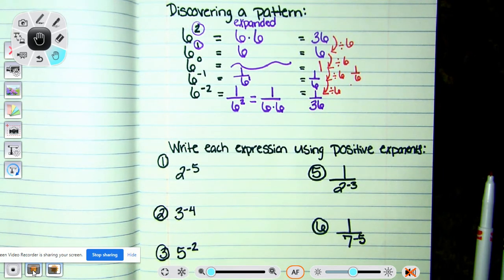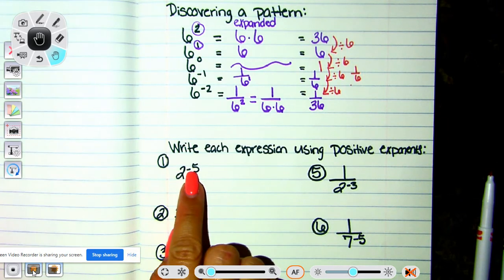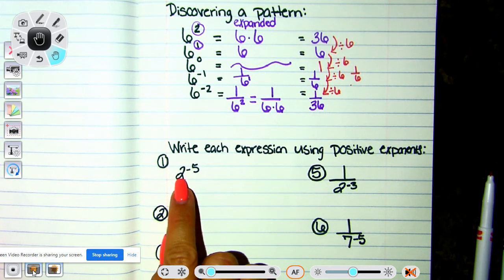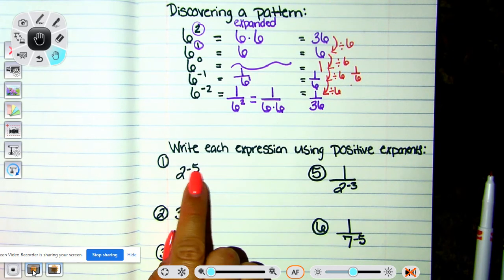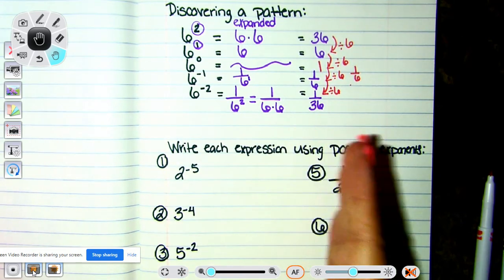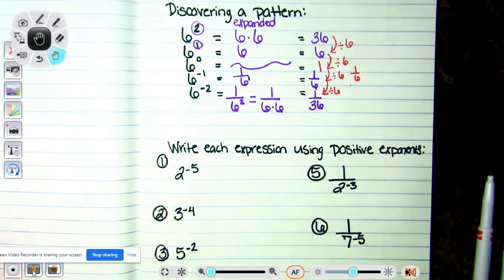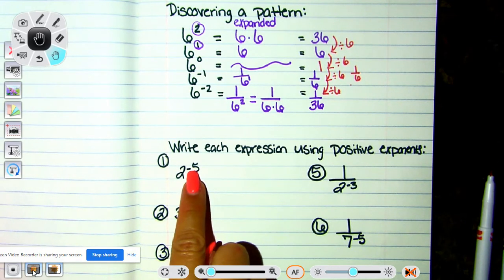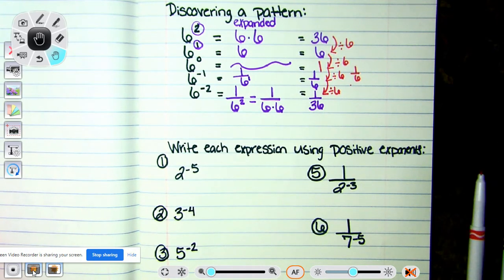So let's take a look at number 1. Again, I'm going to go in this thinking that the negative sign means opposite. So this is 2 and we're not multiplying this anymore because 2 to the 5th power would mean I'm multiplying 2 times 2 times 2 times 2 times 2, 5 times. Okay, in this case, we're going to do the opposite of that, which means dividing by 2 5 times.